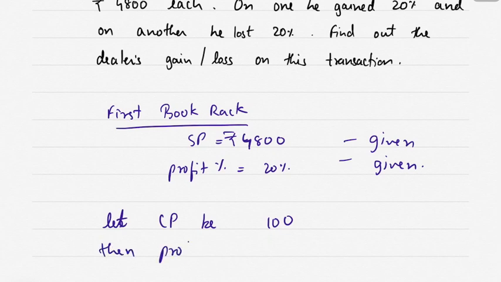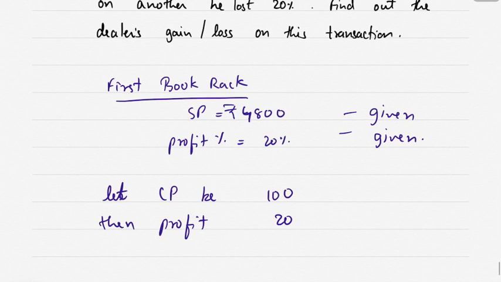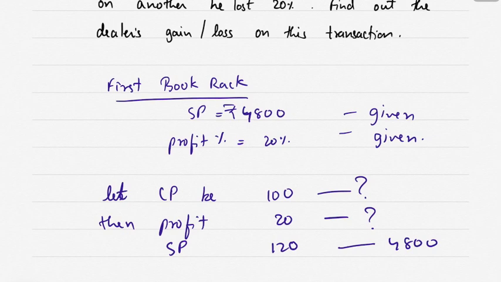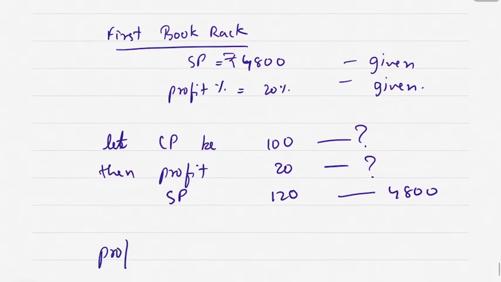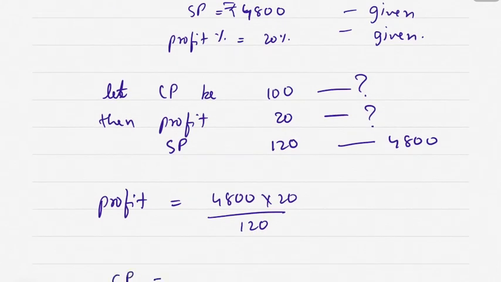Okay. Then profit will be 20. Selling price will be 120. Correct? If 120 is 4,800, how much is profit and how much is cost price? So profit is equal to 4,800 into 20 upon 120 and cost price is equal to 4,800 into 100 upon 120.